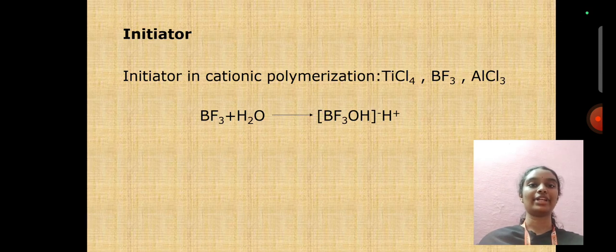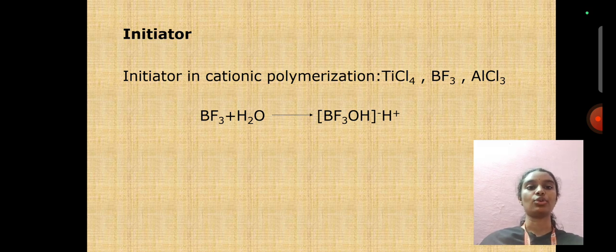For the free cationic mechanism of polystyrene, we need three steps: the initiation, the propagation, and the termination. To execute the initiation step, we need an initiator. The initiator in cationic polymerization may be boron trifluoride, aluminium trichloride, or titanium tetrachloride. Here we use boron trifluoride as the initiator.